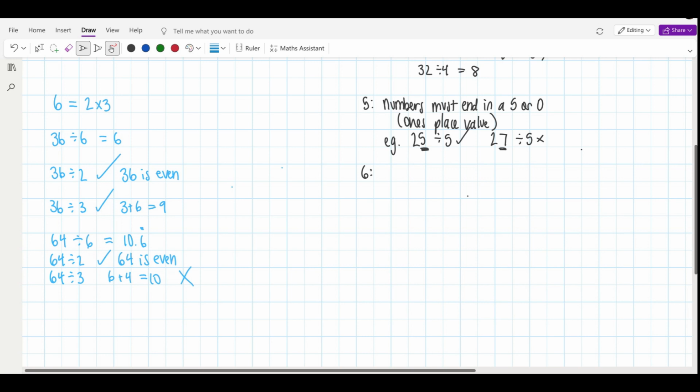We can therefore know that for a number to be divisible by 6, it needs to be divisible by both 2 and 3. Not one or the other, but both.